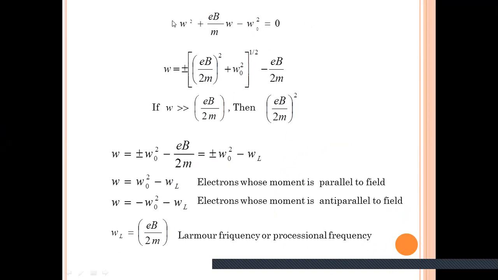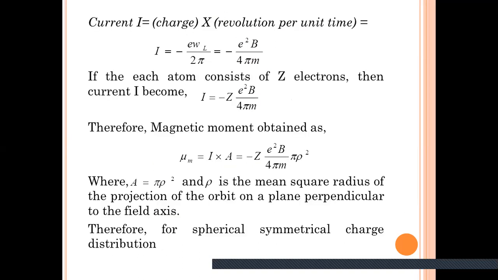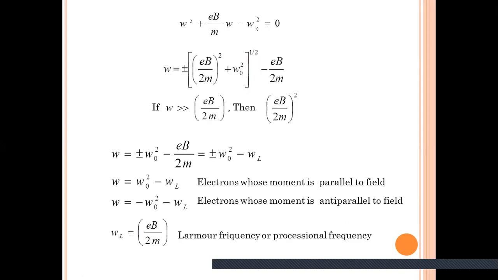This is the resultant equation of the forces acting on the circulating electron, and omega is the angular frequency. Omega 0 is the frequency due to the centripetal force, and omega is the resultant frequency due to the Larmor force, that is, the resultant frequency due to the external magnetic field.